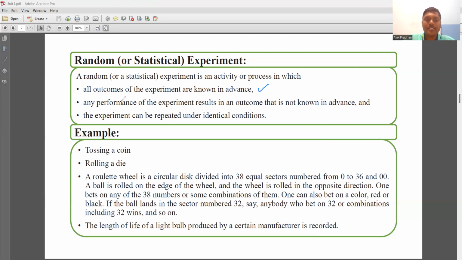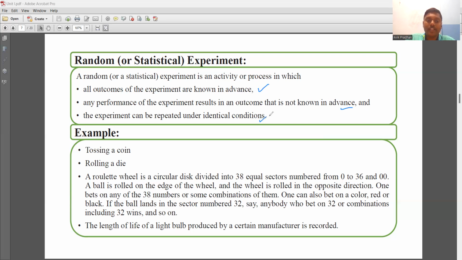The second condition says that any performance of the experiment results in an outcome that is not known in advance. If I toss a coin, I do not know whether I am going to get head or tail. So the outcome of a particular performance is not known in advance, but we know what the possible outcomes of the experiment are.